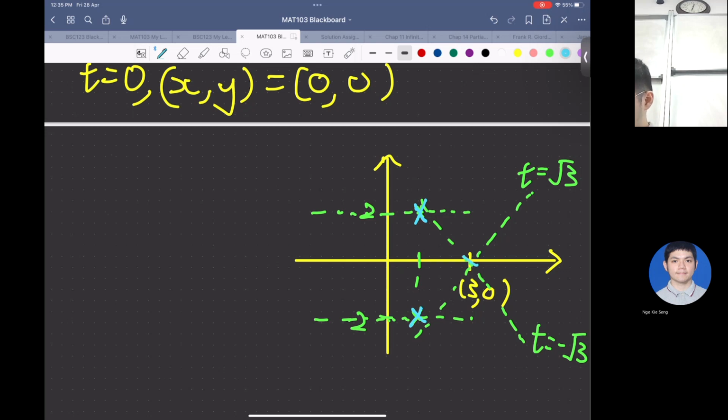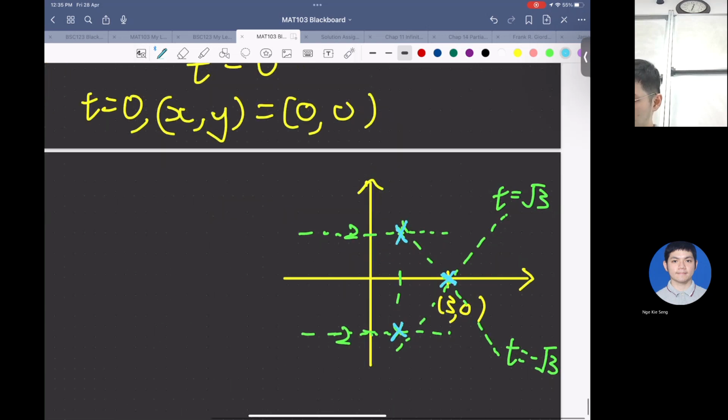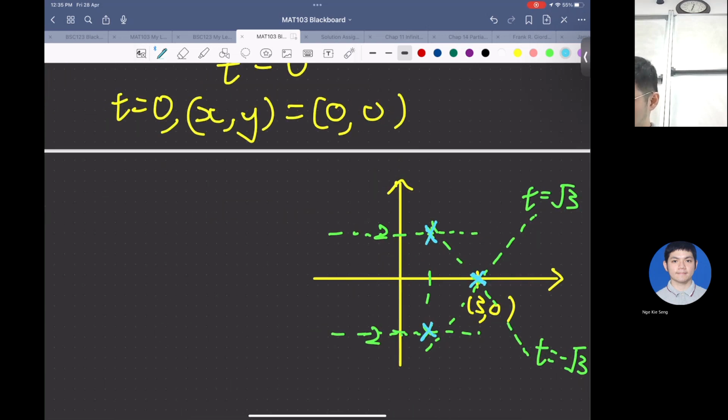How about vertical tangent? The vertical tangent is at (0, 0), so we get another tangent line on the y-axis.